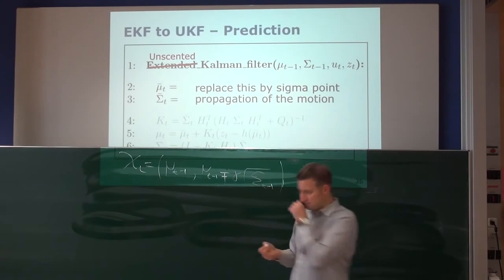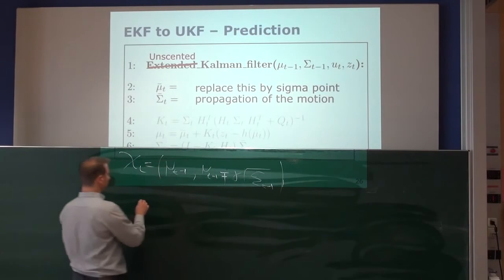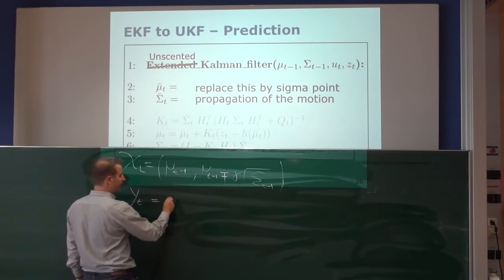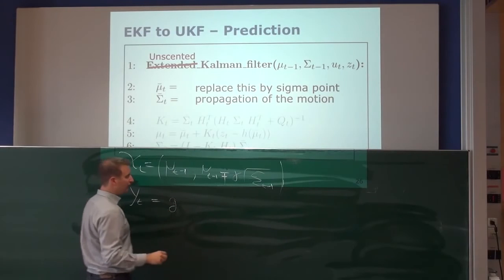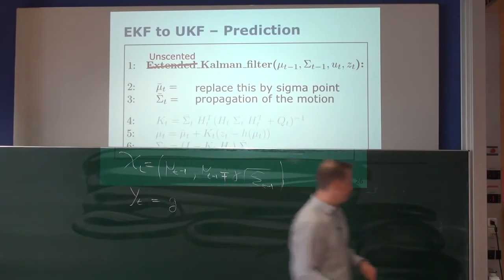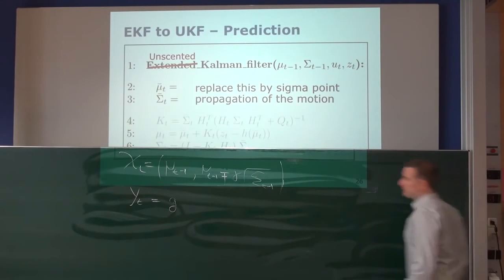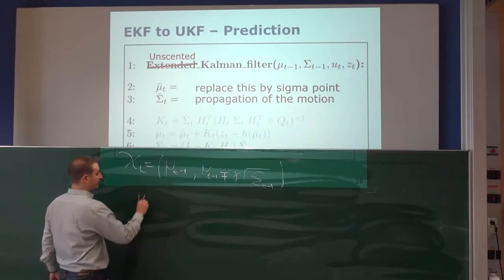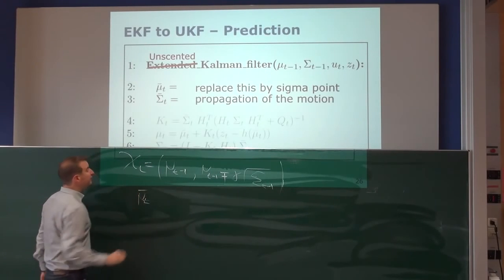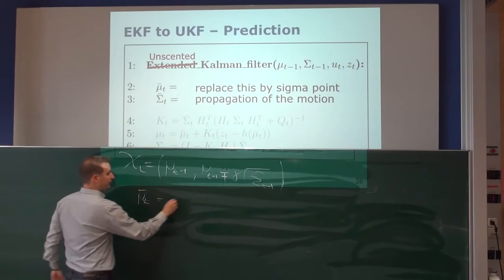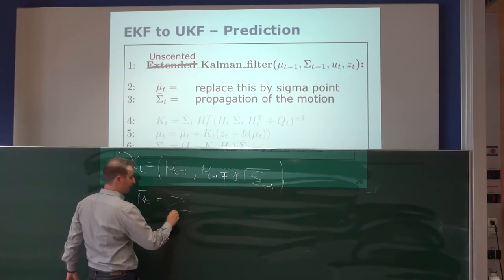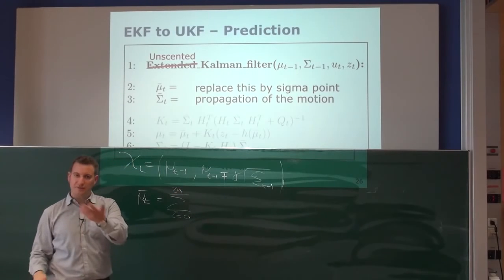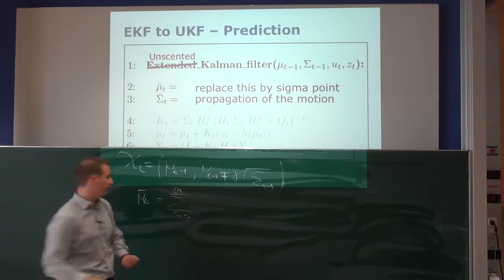Use our nonlinear function on these points. So we, let's say, take y_t as a set of points where every individual point, or we can actually do that directly for the mean, save a little bit of space. So we want to compute directly the predicted mean, this guy over here, which is given by the sum from i equals 0 to 2n, exactly summing over the weighted transformed points.